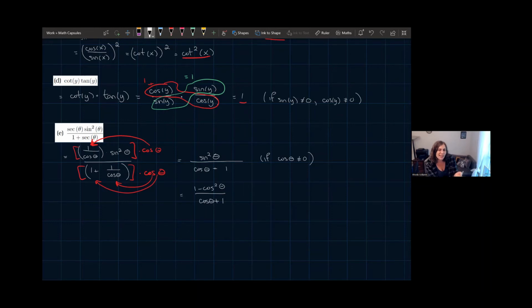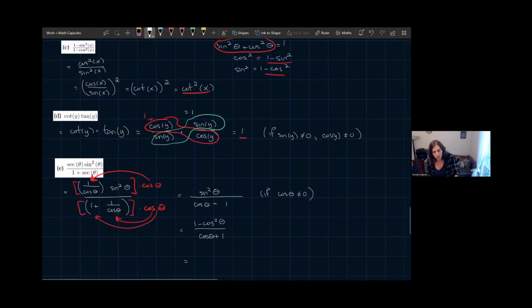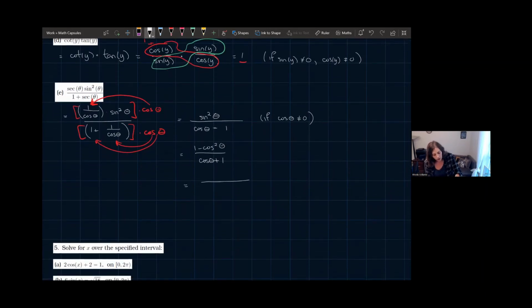I'm just showing you because you'll see it sometimes in calculus. Another thing to keep in mind is that these important expressions, remember up here I said that these guys were important to know, 1 minus sine squared and 1 minus cos squared, those are differences of squares. So you can factor that. So if I factor my numerator, I get 1 minus cos times 1 plus cos.